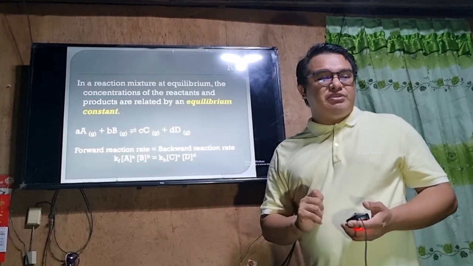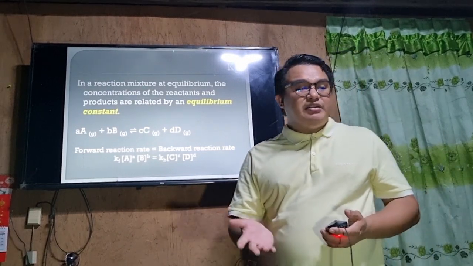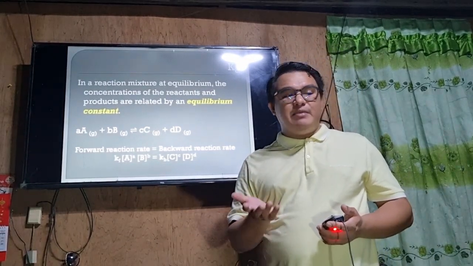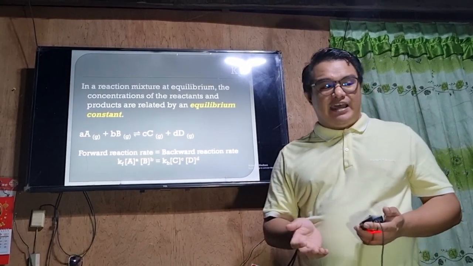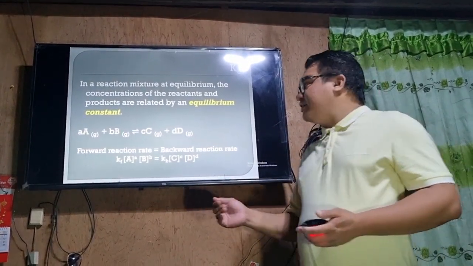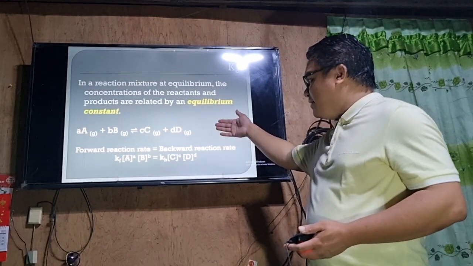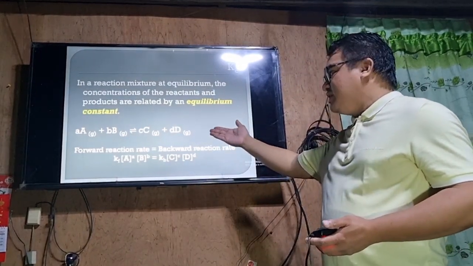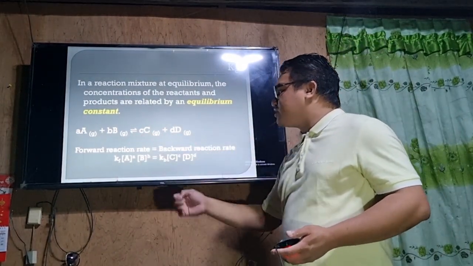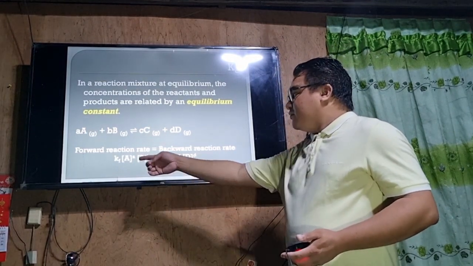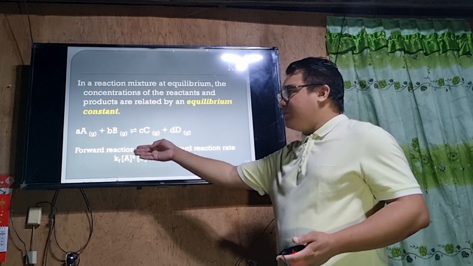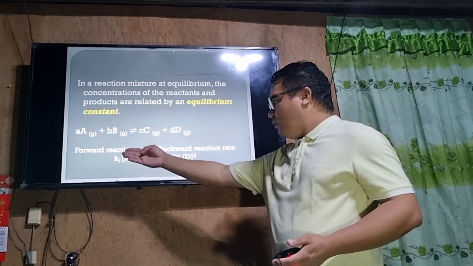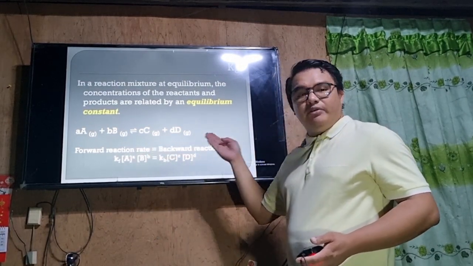In a reaction mixture at equilibrium, the concentrations of the reactants and products are related by an equilibrium constant. So given again the general reaction here, A plus B gives us a reversible reaction to C plus D. Then we have here, because it is directly proportional, the forward reaction rate is equal to the backward reaction rate.